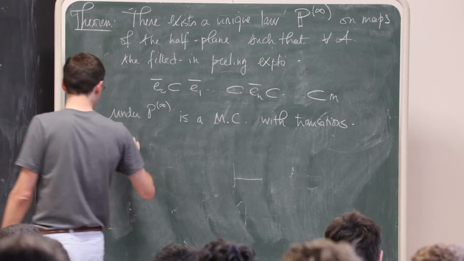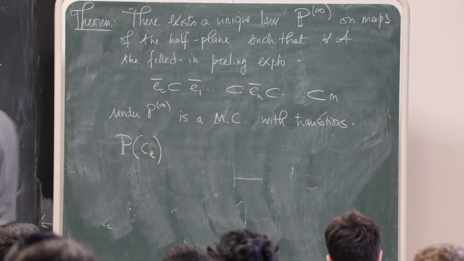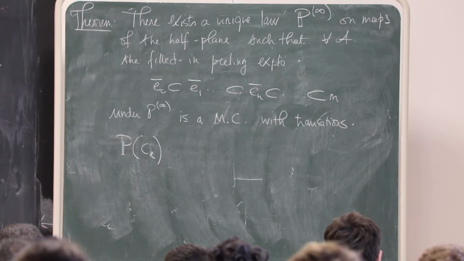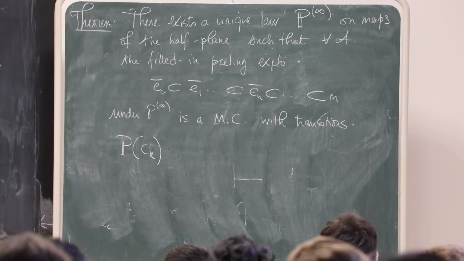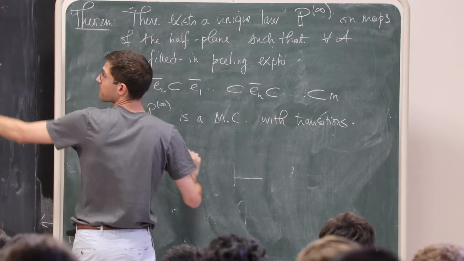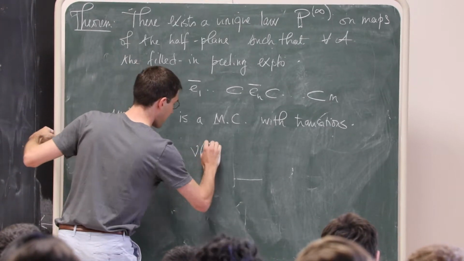So the probability to see an event of type CK will be this when we send M to infinity. With my notation, this will just be mu of k minus 1.